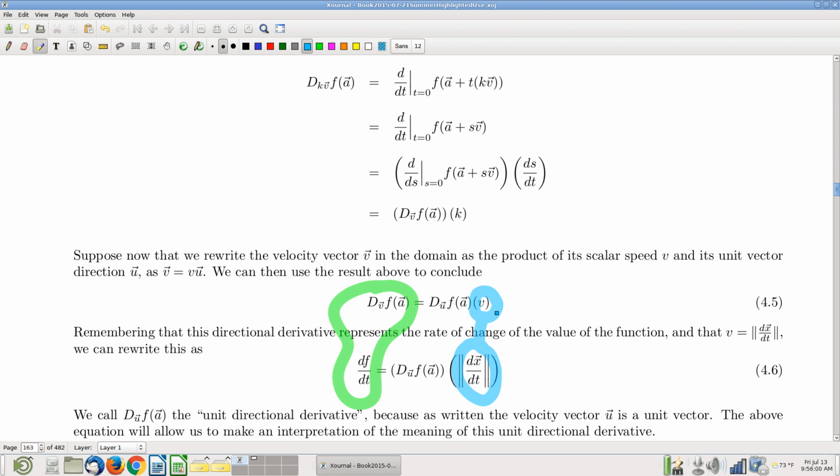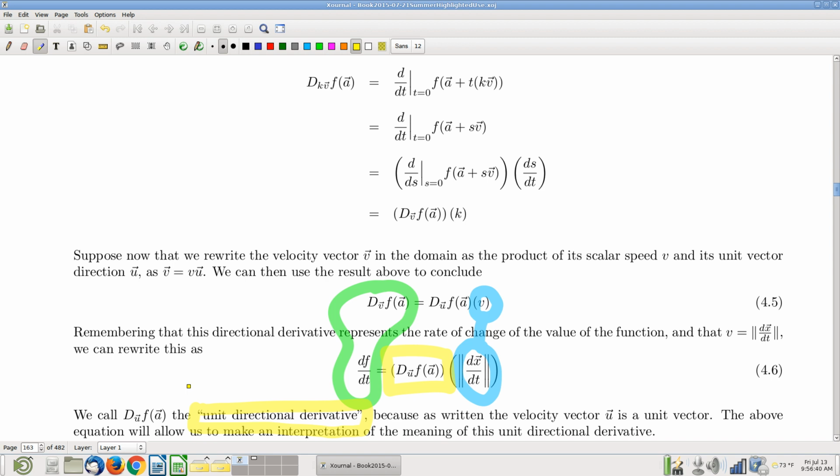But what's nice about this is we recover one of the old traits that we observed and made a big deal about back in section 1 of this chapter, which was now we have something that we can view as a factor. This thing, the directional derivative, not with velocity v, but where we use the unit vector as our velocity, I call a unit directional derivative. This has the feature of being a factor. It's what you multiply by input speed to get output derivative.